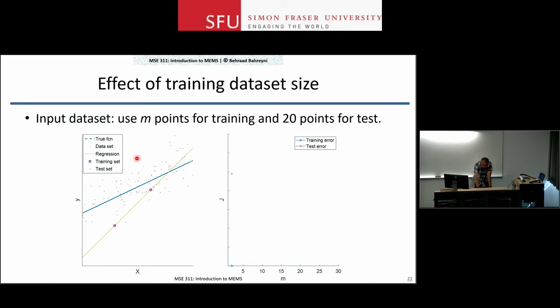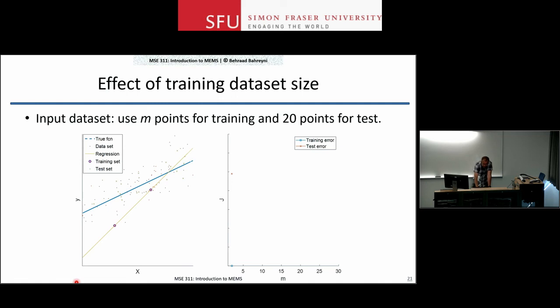This is what we got. Let's assume that we train with 2 data points. So originally we pick 2 of these data points, right? And train our algorithm, in this case fitting a line to 2 data points. And it's easy. You get the line going through these 2 data points. Your training error is 0, right? Because you're perfectly matching those 2 data points.